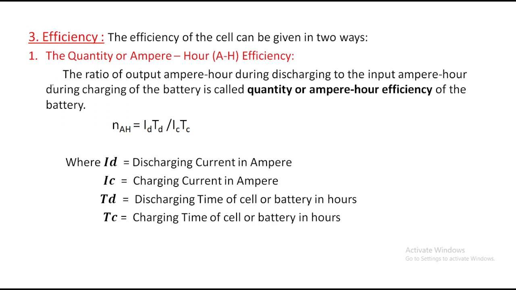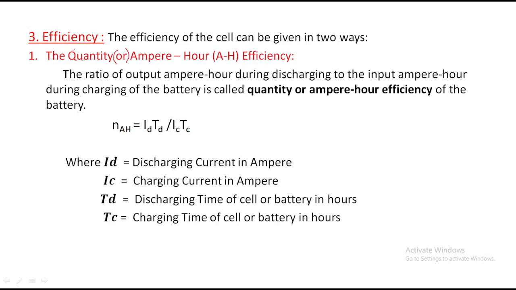Next, the third important characteristic of the battery is the efficiency. Generally, efficiency can be told in two ways. The first is the quantity or ampere hour efficiency.